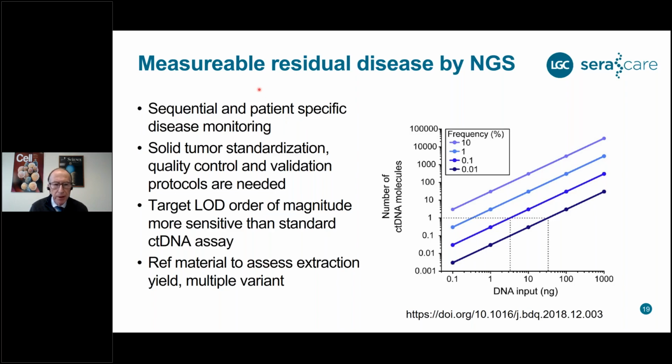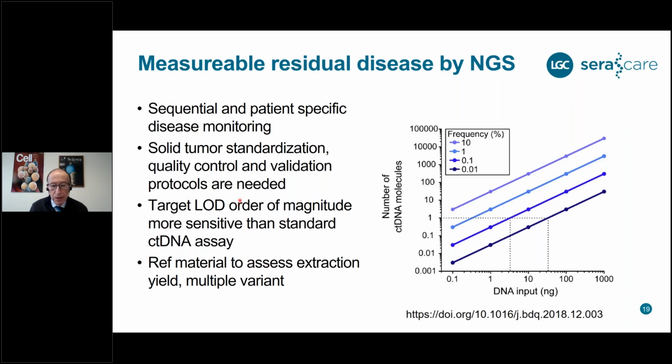So a patient's been identified with cancer, resection, follow those specific mutations for that person. It could be digital, could be a mass array, it could be an NGS assay. Solid tumor standardization, quality control, and validation protocols are needed. Now, we're actually stretching the bounds of sensitivity. So again, you do have to do standardization accordingly.